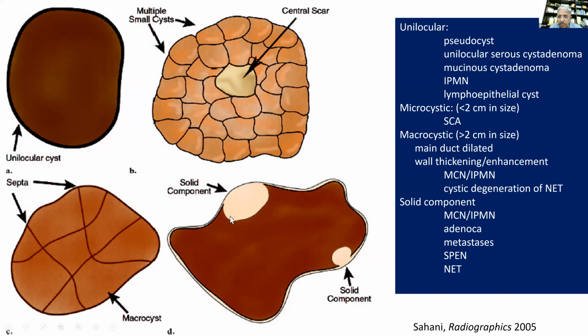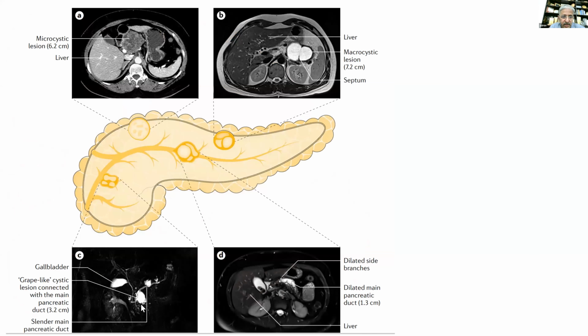And if you have solid components, it's very likely that there is tumor. And yet another picture shows you the typical serous cystadenoma, the mucinous cystadenoma, the branch duct grape-like IPMN in the uncinate process, and the main duct IPMN with dilatation of the duct.